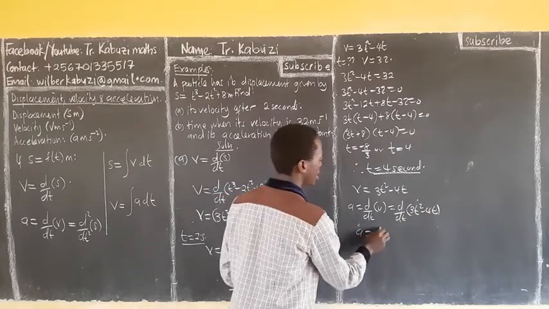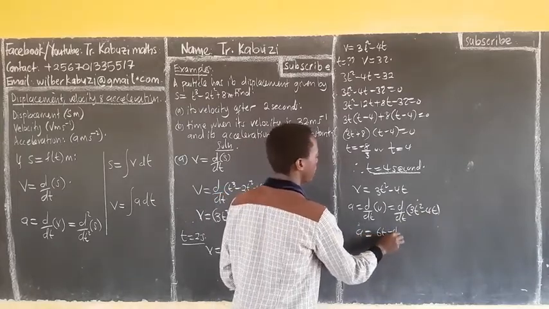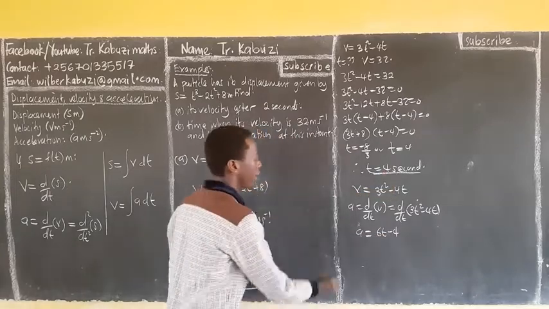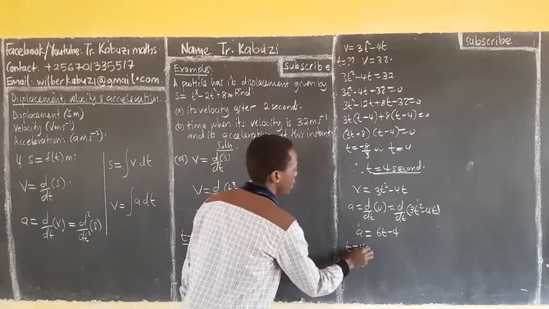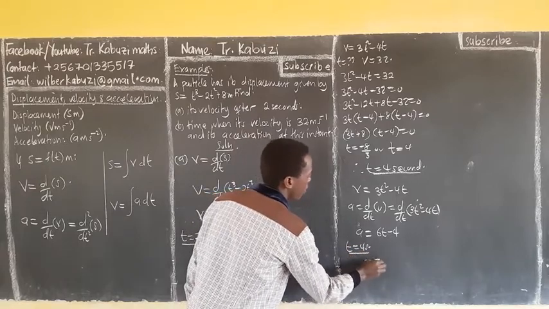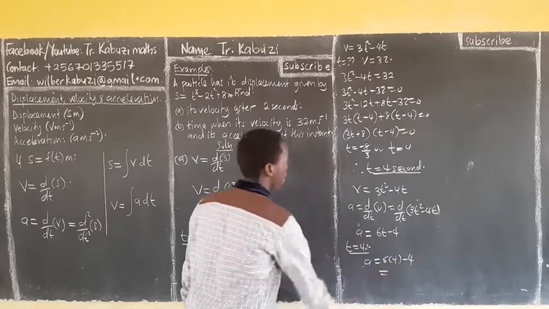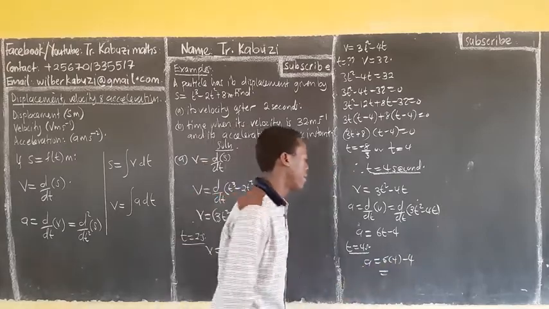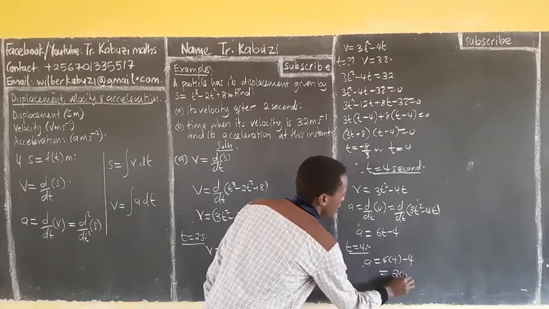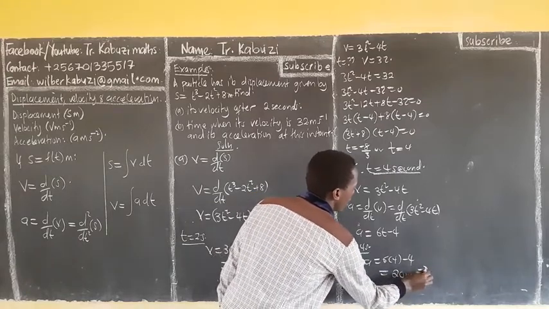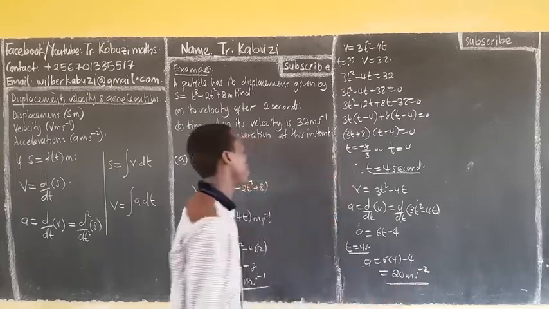If I differentiate this, I get 6t minus 4. At this instant, when t is 4 seconds, my acceleration will be 24 minus 4, which is 20 meters per second squared.